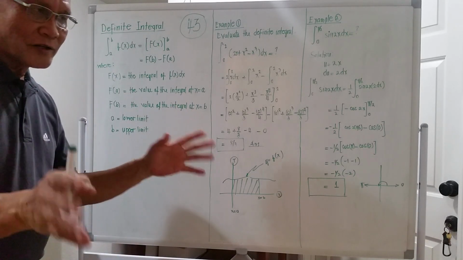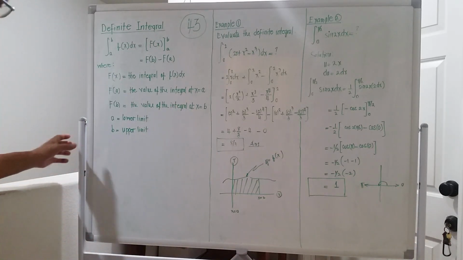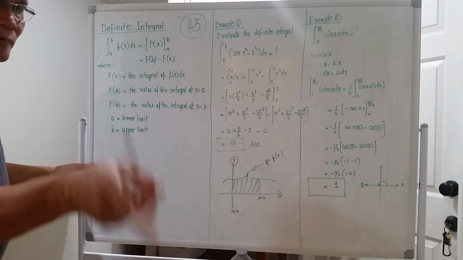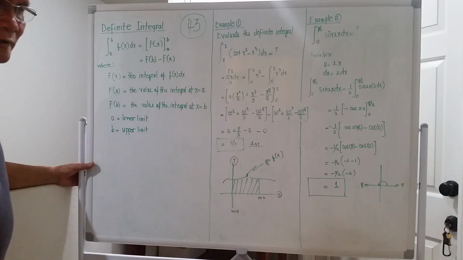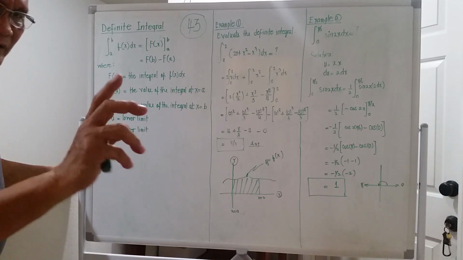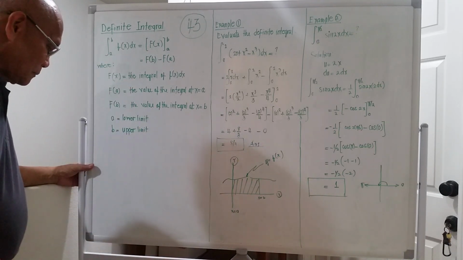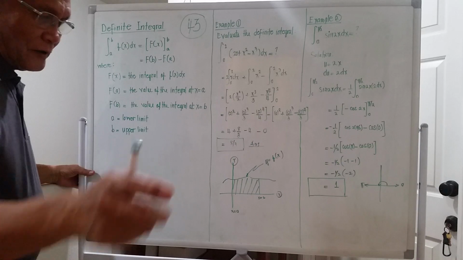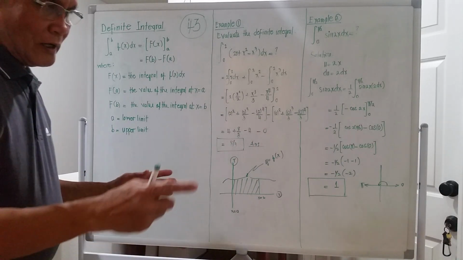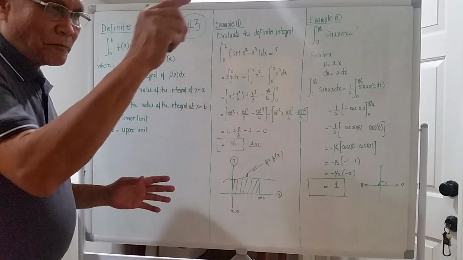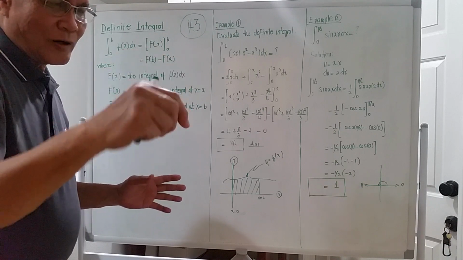It's becoming interesting, guys. Okay, I will bring out the form of a definite integral. What's the difference between definite and indefinite integral? Indefinite integral, after the integration, we got a plus c in our answer.